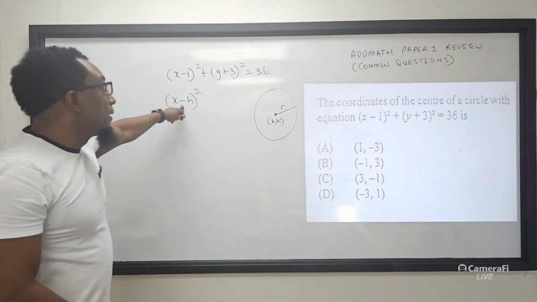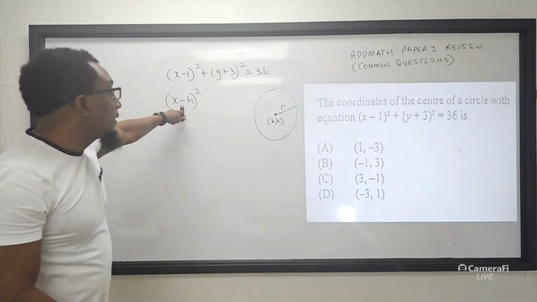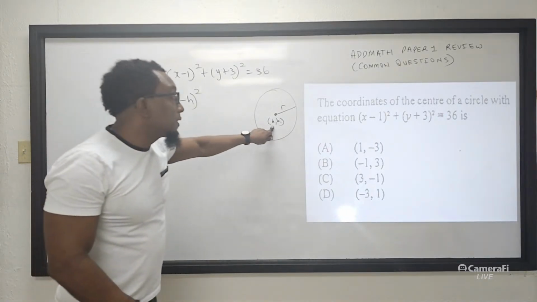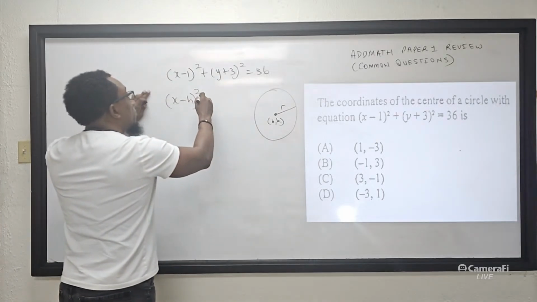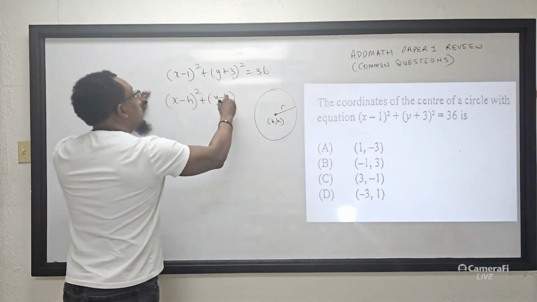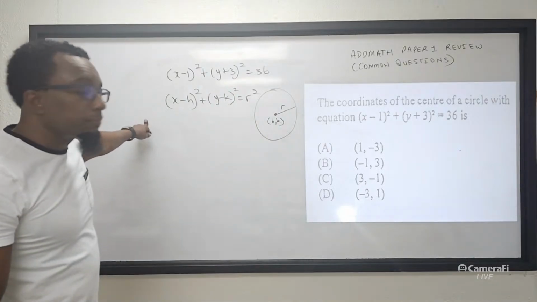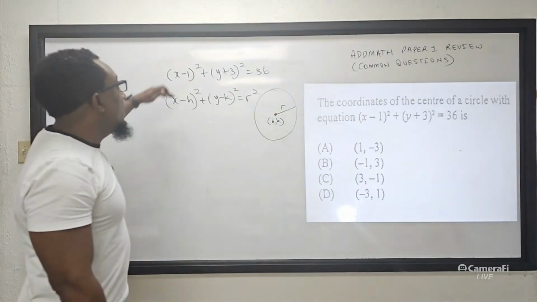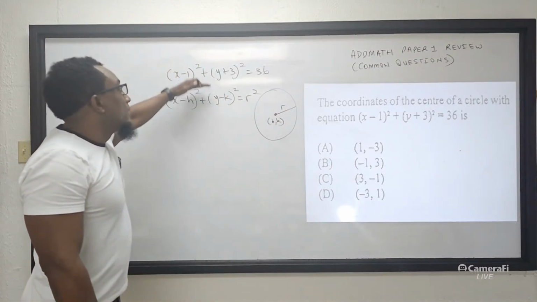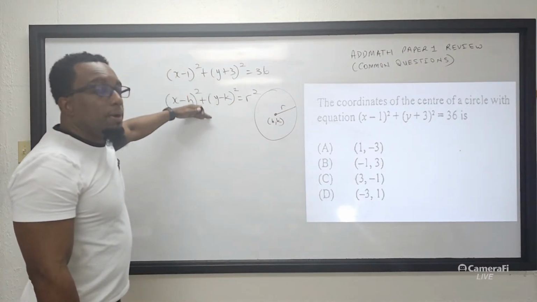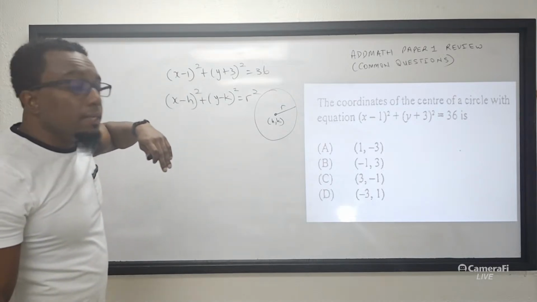Sometimes you see where the sign between x and h is positive, right? So if you consider the center to be positive h, positive k, you're using (x minus h) whole squared plus (y minus k) whole squared is equal to r squared. So we want the equation given to directly correspond to that standard equation.